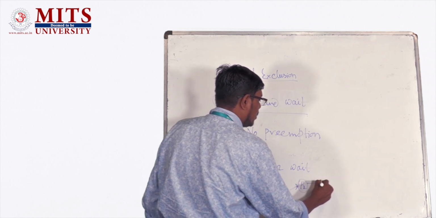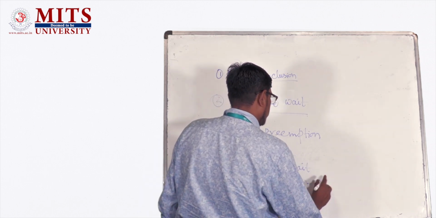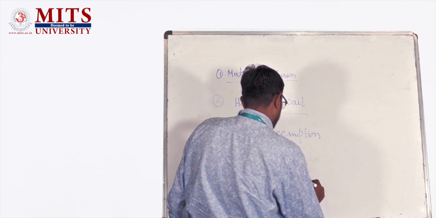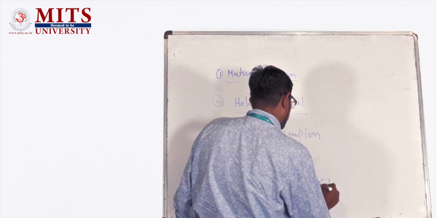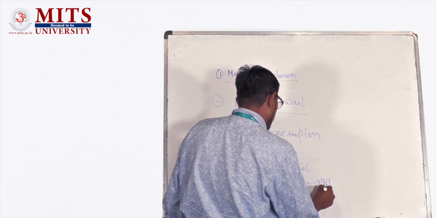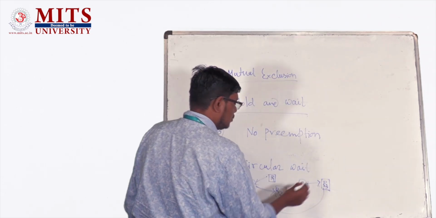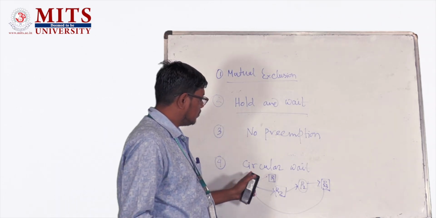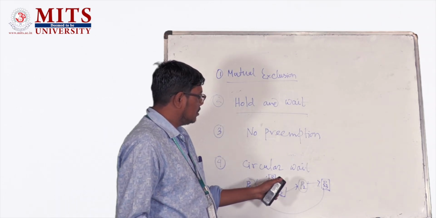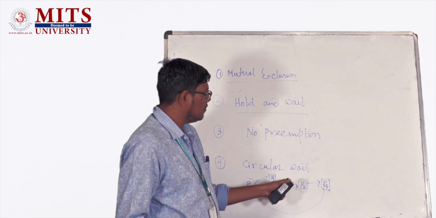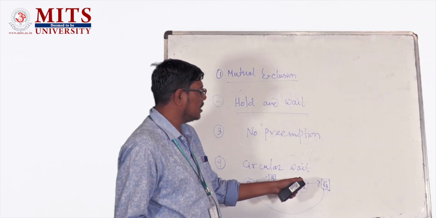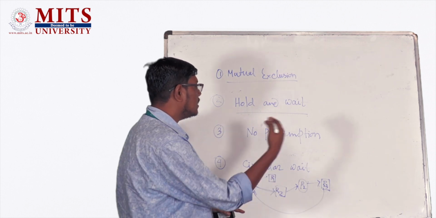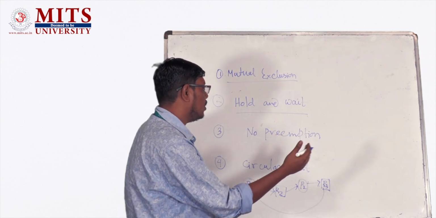P2 requests the resource R3, which is held by P1. So there is a circle where the first process wants a resource held by another process, which wants a resource held by another process, and like that the last resource is held by the first process.